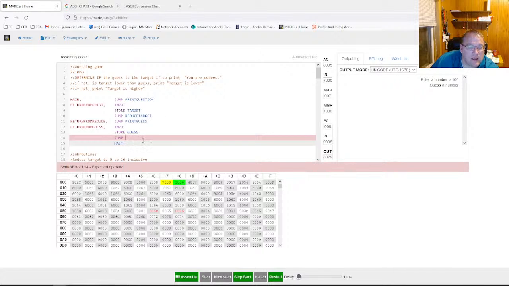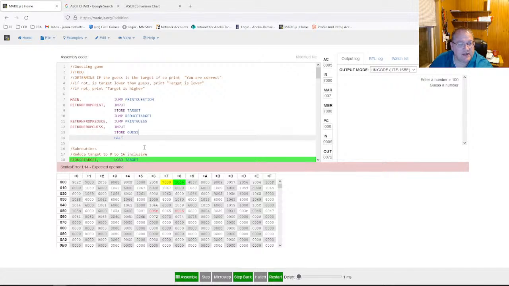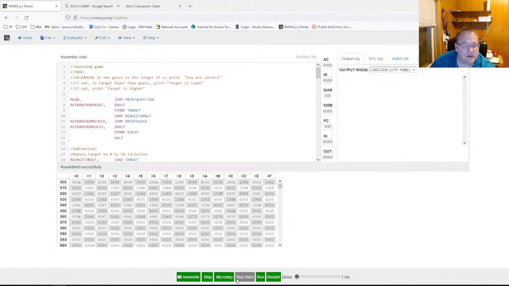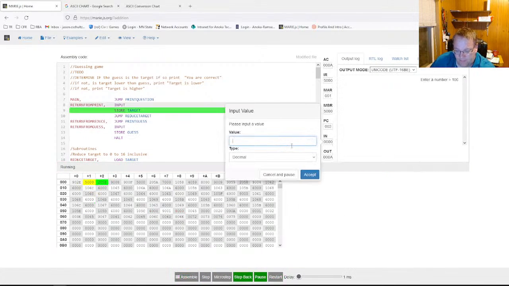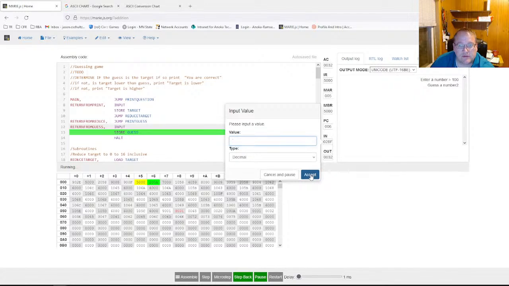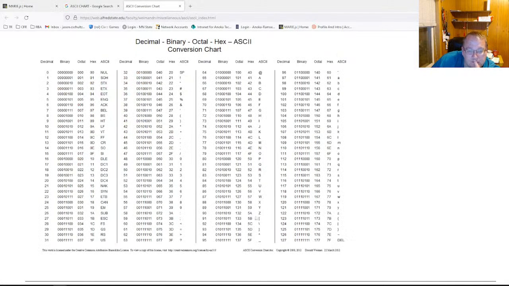All right, so let's try assembling. Oh, here we go. Let's just take that out for now. Hit assemble. Run. 655 decimal. Guessing number. Now it put a 2 there. That's not what I wanted. What did I mess up here?